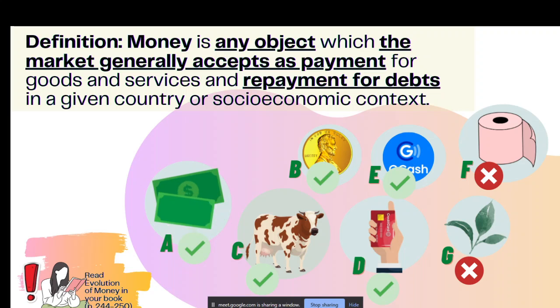In that sense, toilet paper could become valuable in prison, or in a city kung saan there's a lack of toilet paper, pwedeng i-trade, or you could also see that in certain groups of people, for example, yung mga mahilig sa tea, like tea lovers, then tea could be used as a medium of exchange as well. Okay, so these are the things. But A, B, C, E, and D, these are generally the ones that we use for transactions. Okay, sige. So that's one.